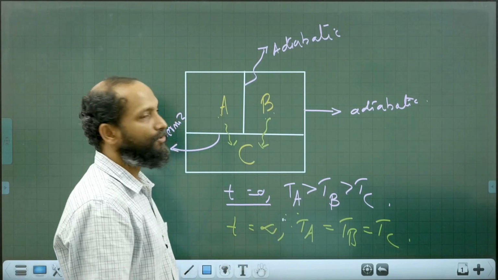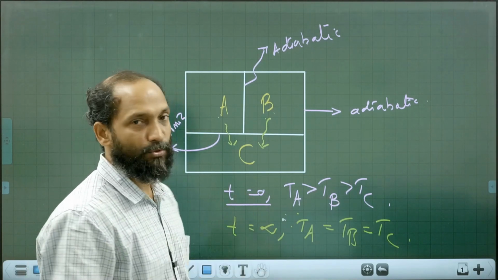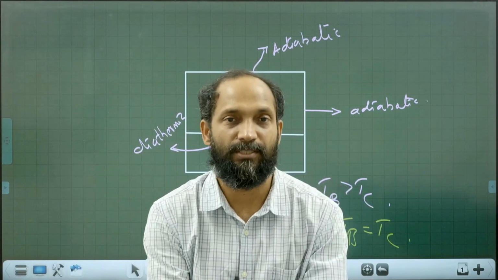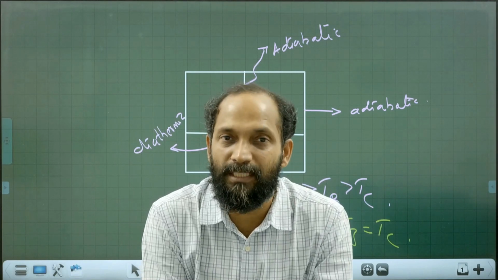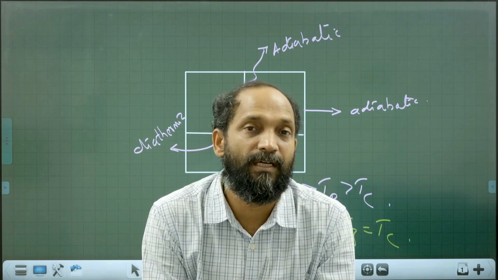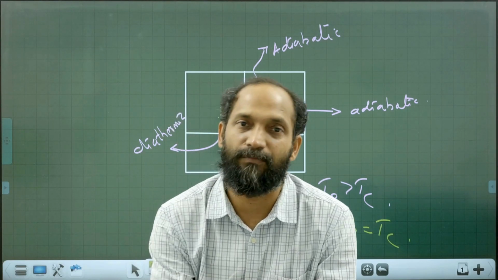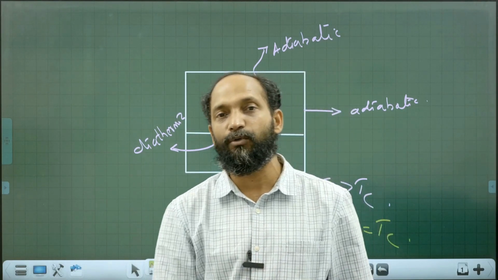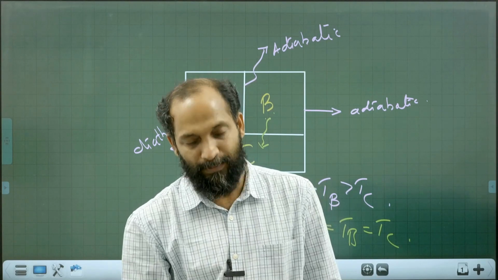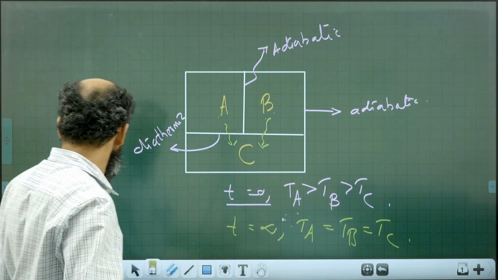That's the zeroth law. We have dealt with two types of partitions: diathermic, which is conducting, and adiabatic, which is non-conducting and does not allow any heat flow. That's the zeroth law of thermodynamics.